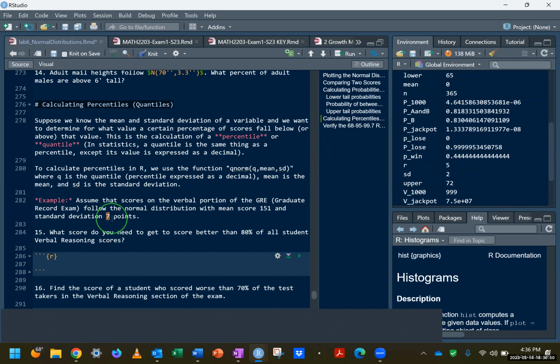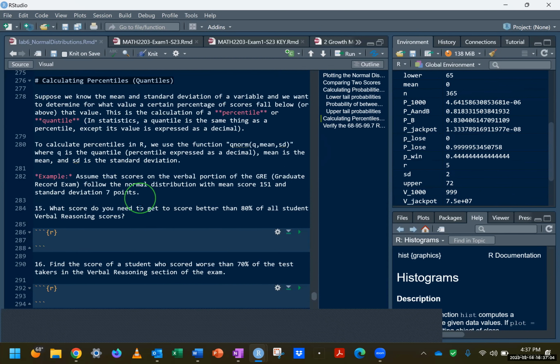So if you're going to school that says they only take the top 80% of students, well, then what score do I need to take? This is the probability. I have to have a probability that's better than 0.8. What score do I need to take? So here, we're going to use a different function called QNorm. Q corresponds to quantile.